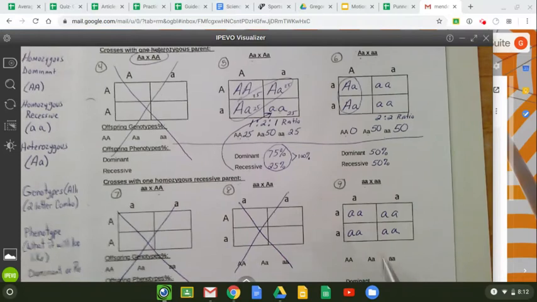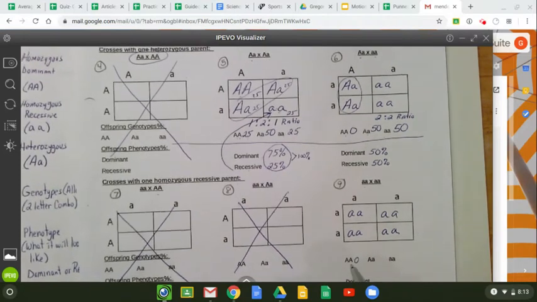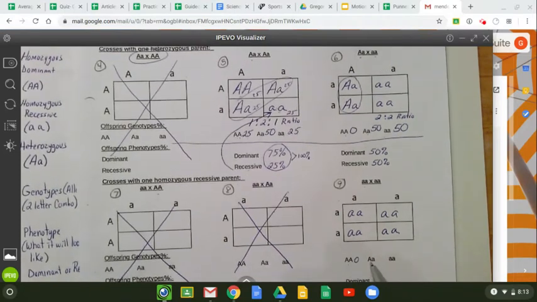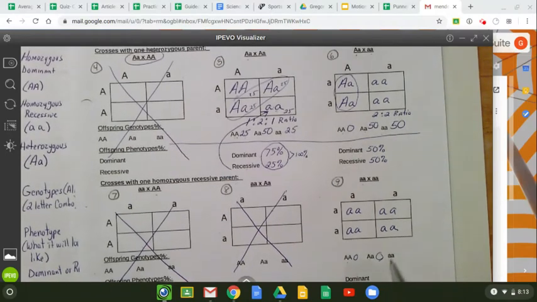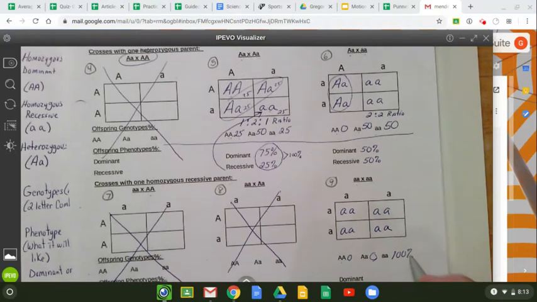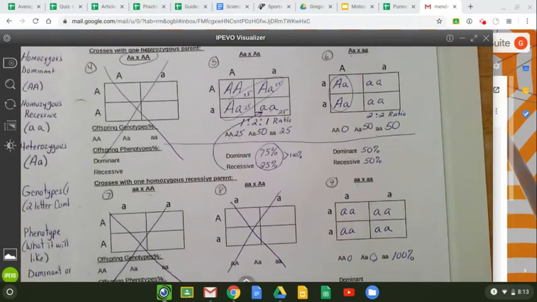So here we have 0% homozygous dominant, 0% heterozygous, and 100% homozygous recessive.